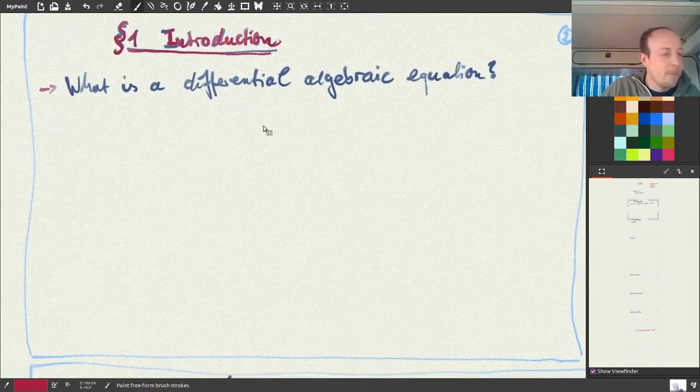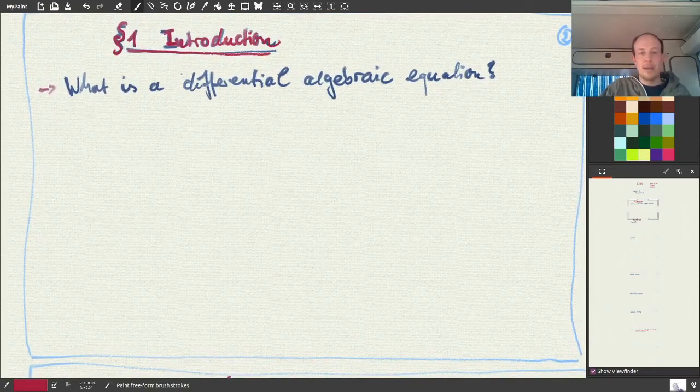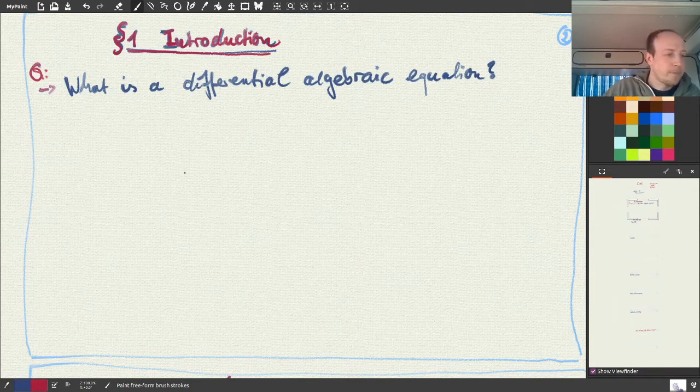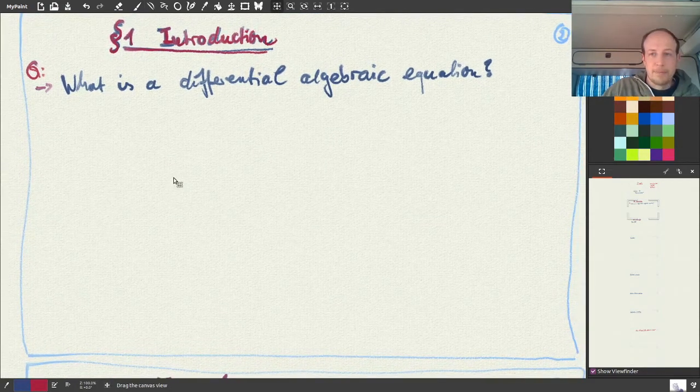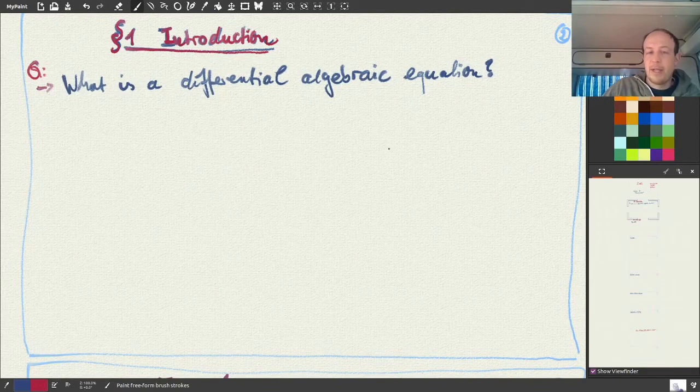Now we start with the real content, chapter 1, introduction, and we try to answer the question, what is a differential algebraic equation? I could now just write down an equation for you, but I want to put this in a few words.